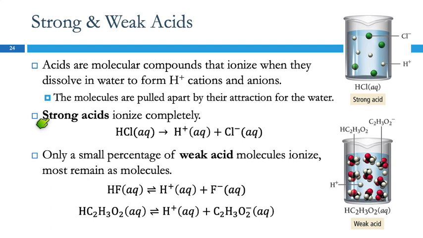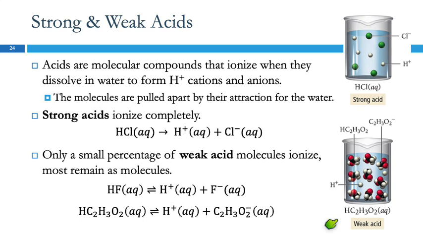In a strong acid, all of those molecules become ions. HCl is a strong acid, and so when you dissolve it in water, there aren't any HCl molecules hanging around. It's all hydrogen ions and chloride ions. In a weak acid, it only ionizes a little bit.